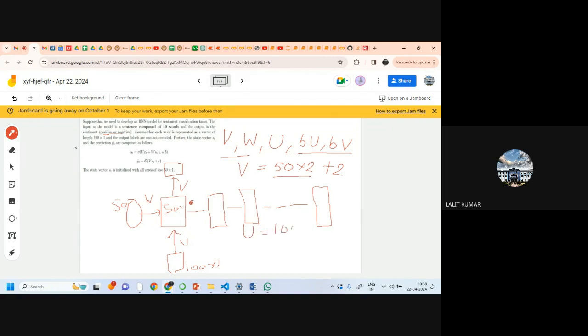So 100 x 50 plus bias. This will go to 50, so this became 5000 plus 50. And W will become 50 x 50, equal to 2500. Just add it.